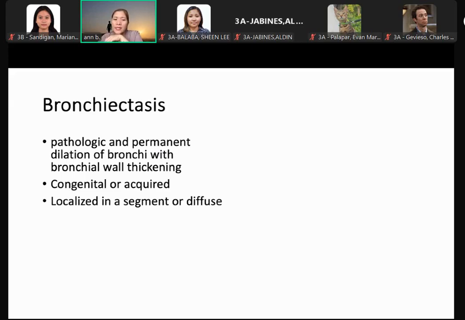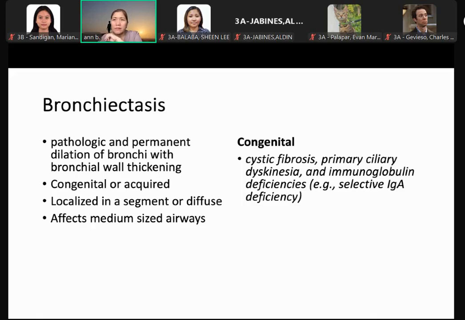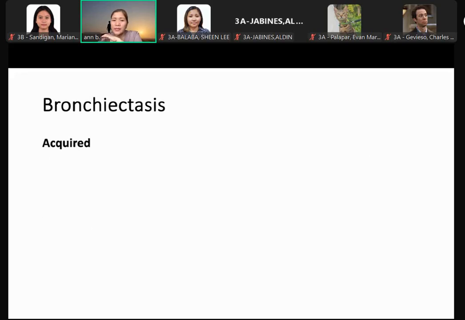It may be localized to a segment or diffuse, and infects medium-sized airways. When you say congenital, the most common is cystic fibrosis. It commonly produces a diffuse pattern of bronchial involvement.